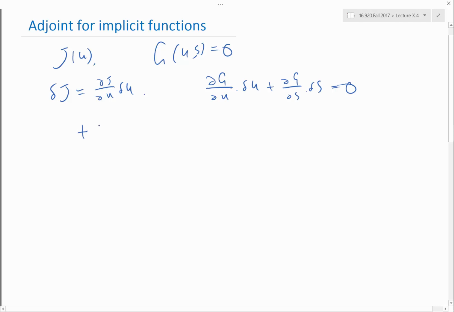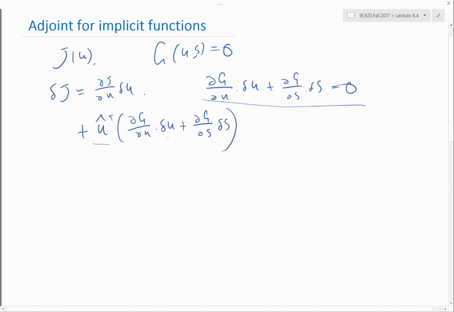So I'll just add U hat transpose times partial G partial U times delta U plus partial G partial S times delta S. Because this is equal to 0, I can multiply it with any U hat, that is 0, and I can add it to delta J.